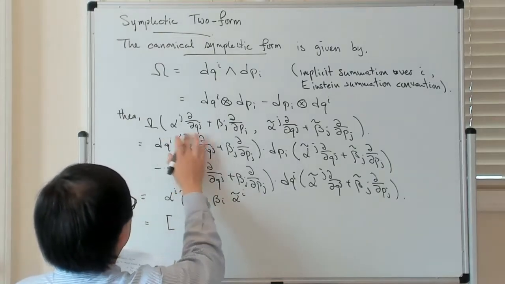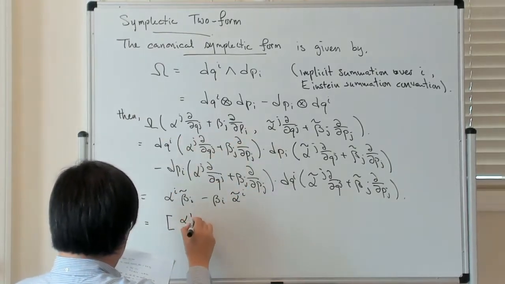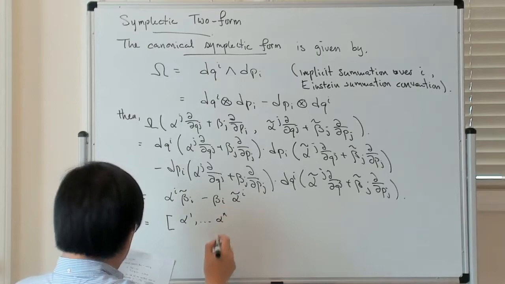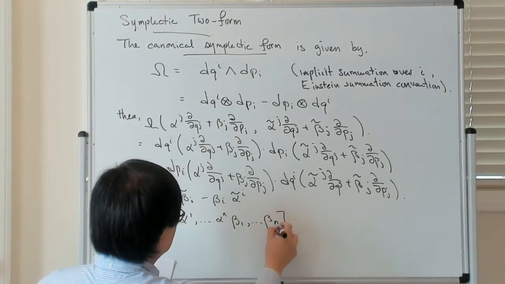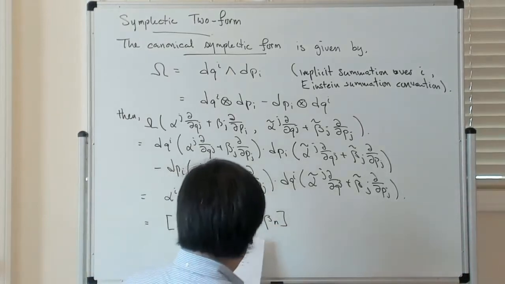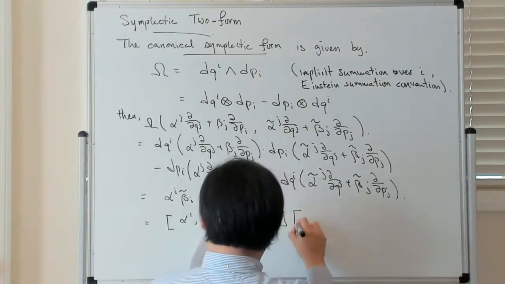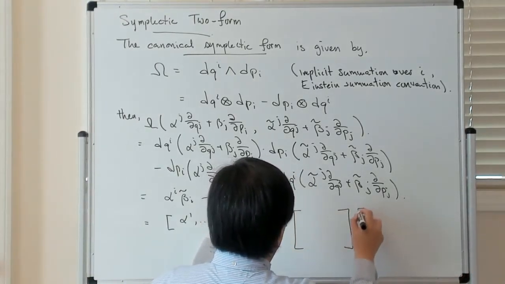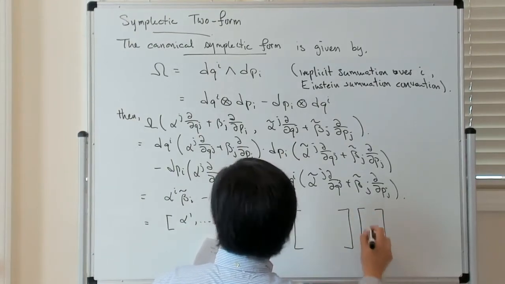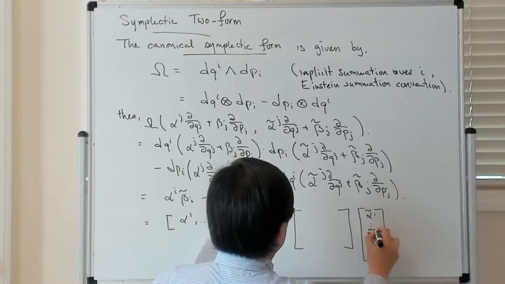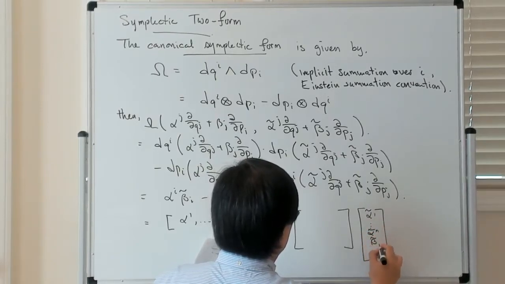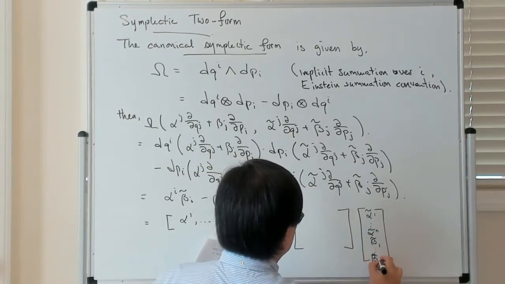I'll do that for this first piece: I'll have alpha_1 to alpha_n, and then beta_1 to beta_n. All right, so that's a row vector. And then I have some sort of matrix. And then I have a column vector which involves alpha tilde_1 to alpha tilde_n, beta tilde_1 to beta tilde_n. Okay?